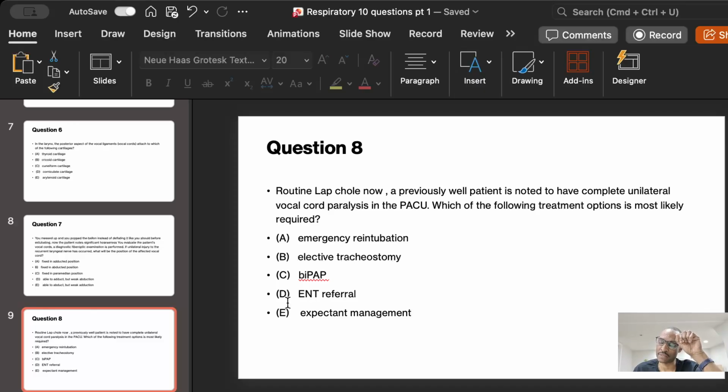You can put this under management of vocal palsies. That's going to be your topic. Essential when you're in the PACU, essential just to know all the way around.